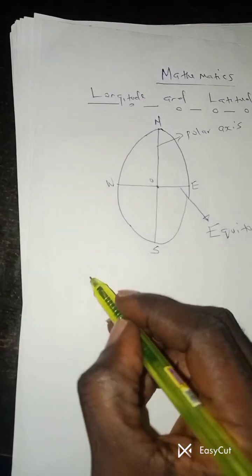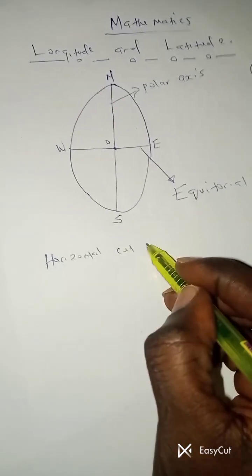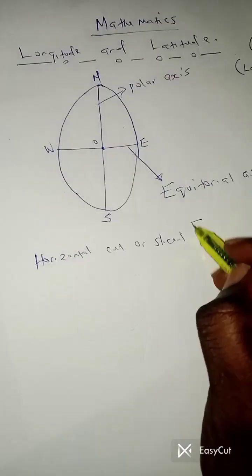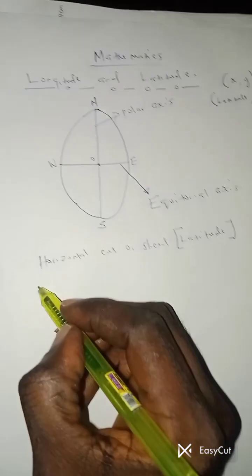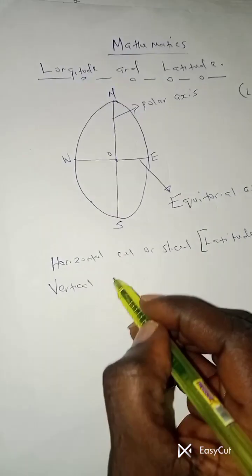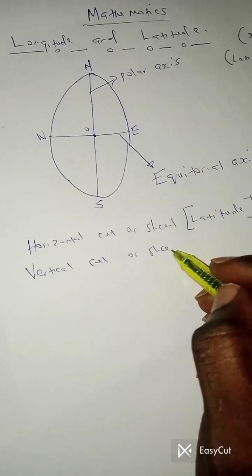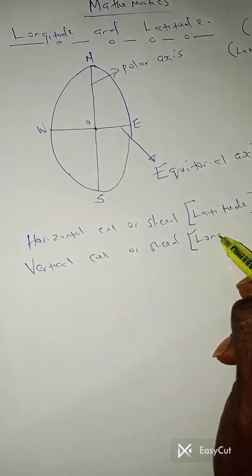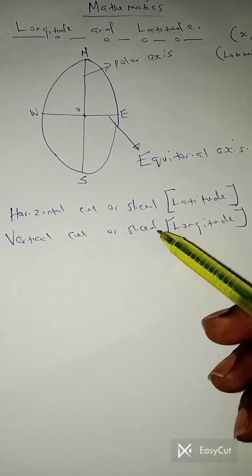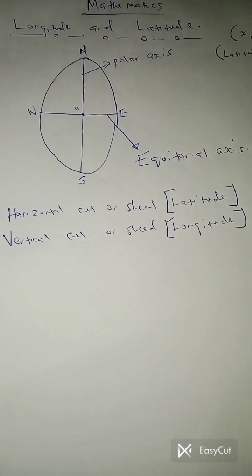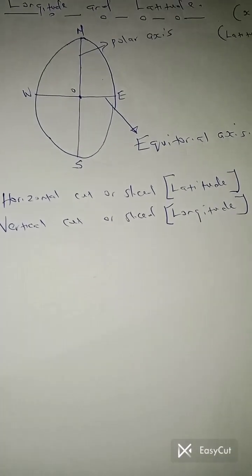Always remember, horizontal cuts or slices are known as latitude, while vertical cuts or slices are known as longitude. So just take note of these two points. Always know that a horizontal cut or slice is known as latitude, while a vertical cut or slice is known as longitude, as shown in the diagram below.